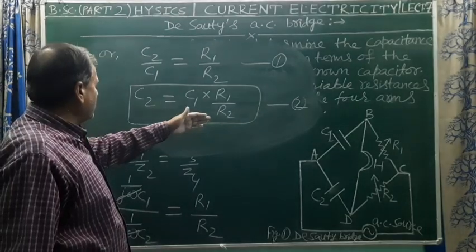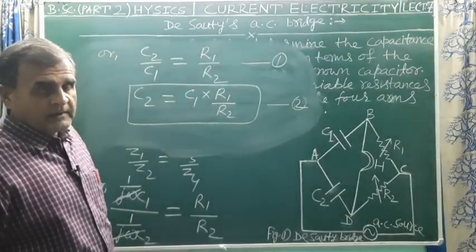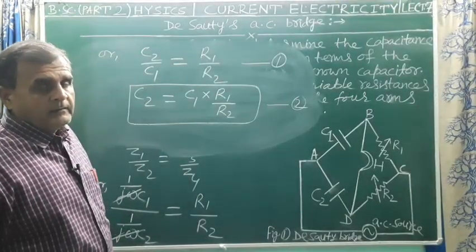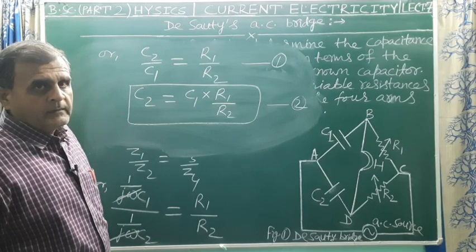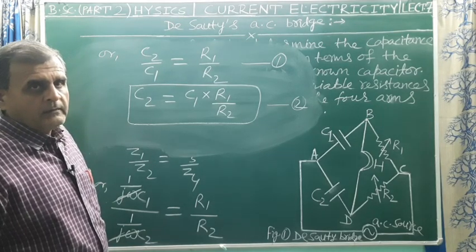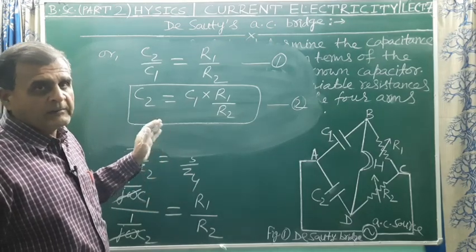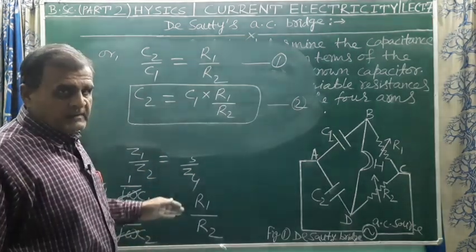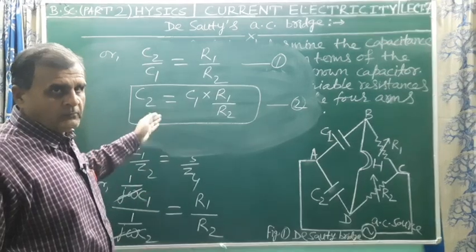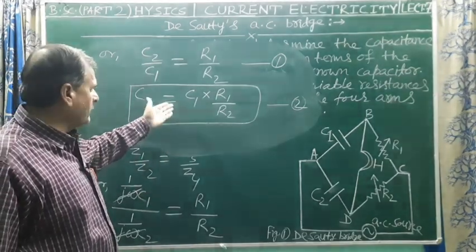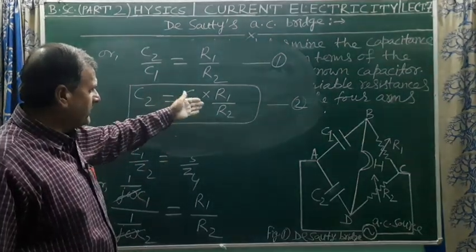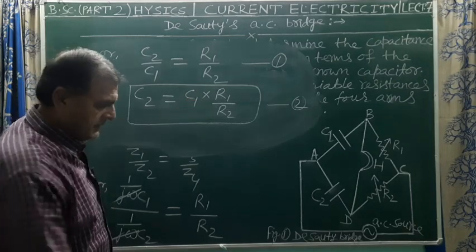And with the help of equation 2, we can determine the capacitance of the unknown capacitor C2, by the formula C1 multiplied by R1 by R2.